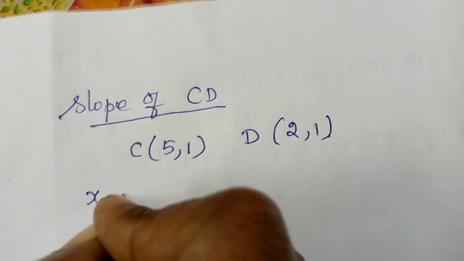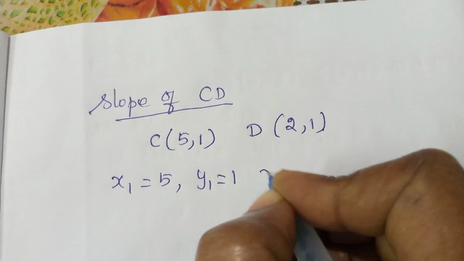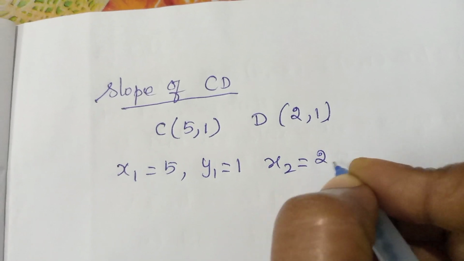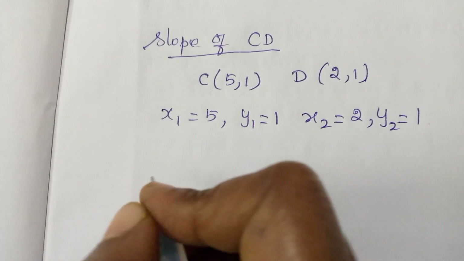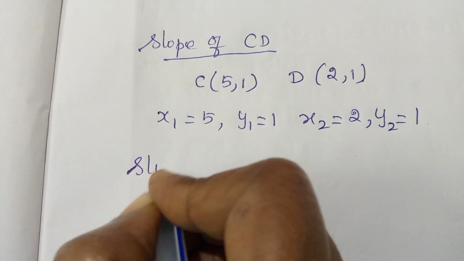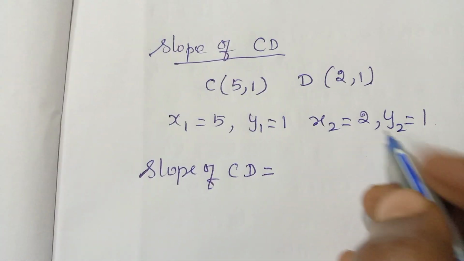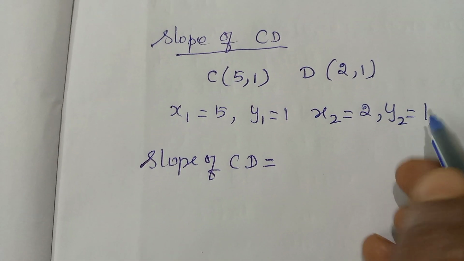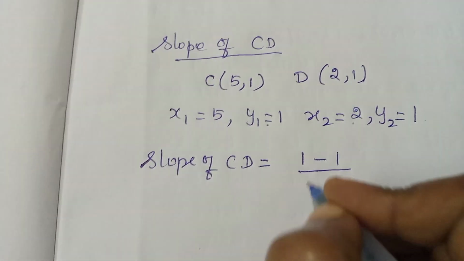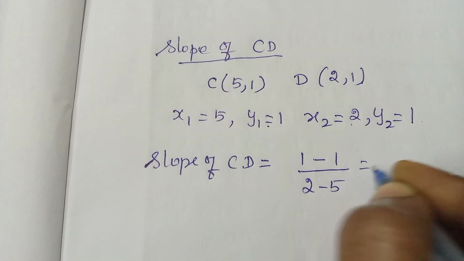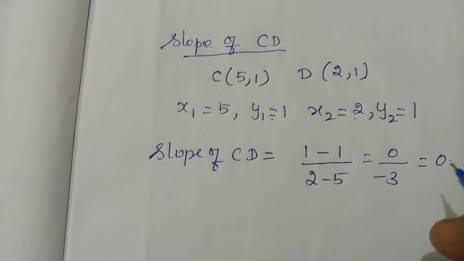Here x1 is equal to 5 and y1 is equal to 1. x2 is equal to 2, y2 is equal to 1. So slope of CD equal to, let us substitute the values, y2 minus y1, that is 1 minus 1 divided by 2 minus 5, which is equal to 0 by minus 3 is equal to 0.